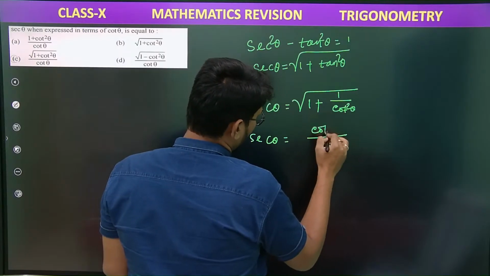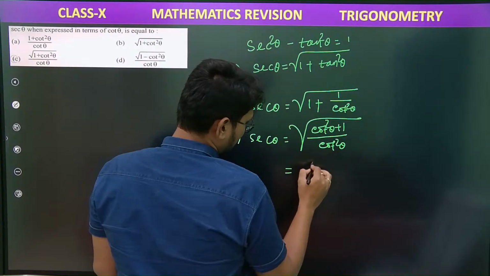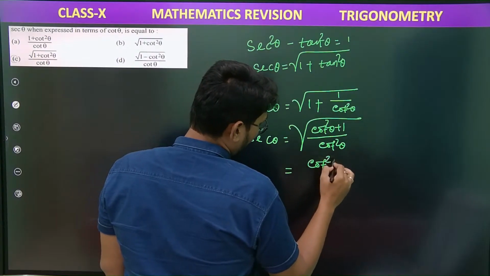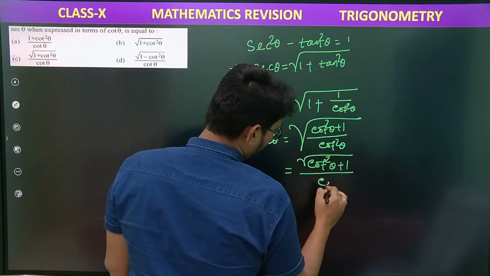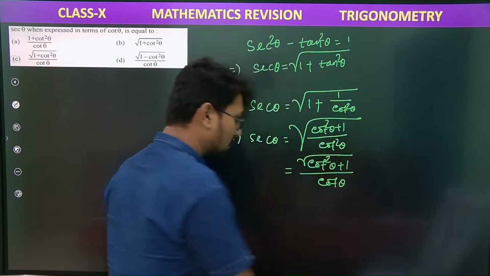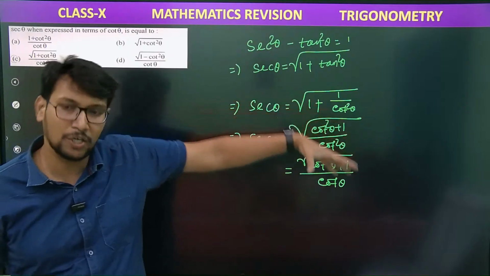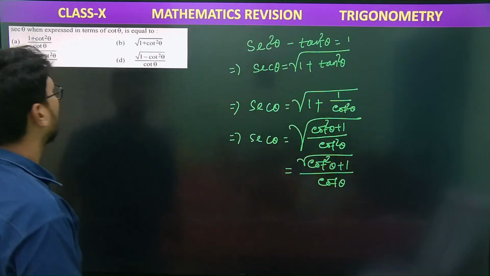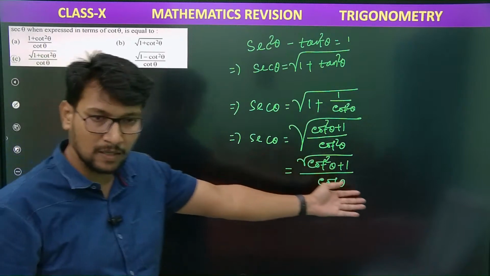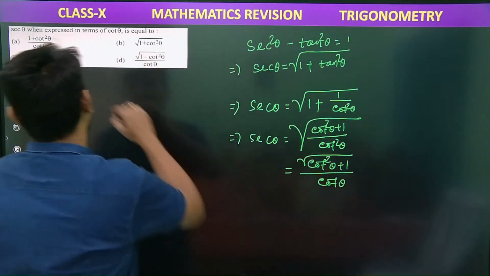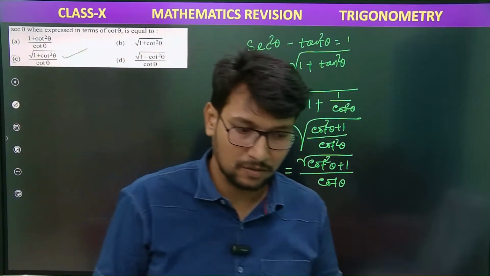So sec theta equals the square root of cot square theta plus 1, divided by only cot theta, because the square root of cot square theta is cot theta and the square root is left only on the numerator. Which option is correct? Option C: the square root of cot square plus 1 over cot. Both are the same or not? So option C is correct. Any issue?